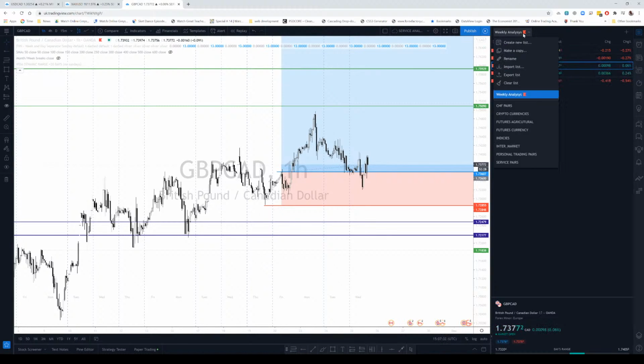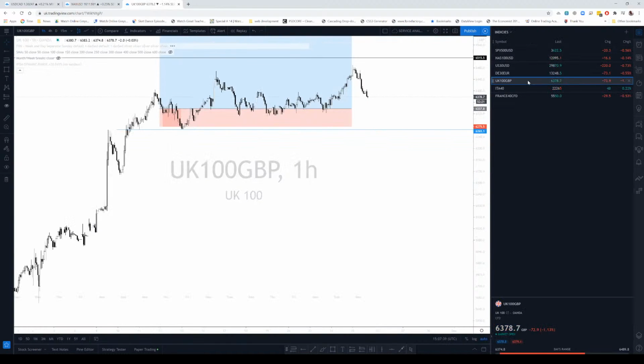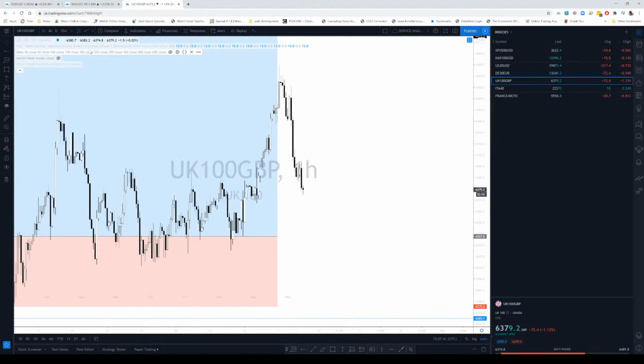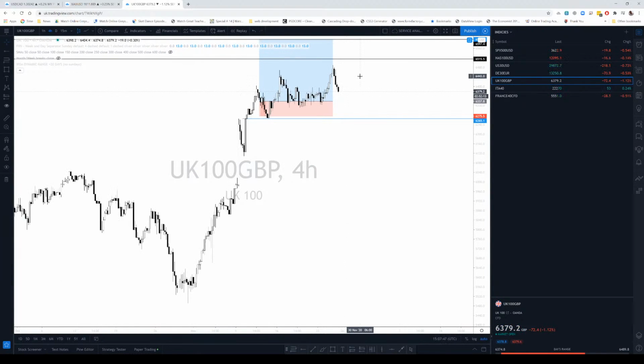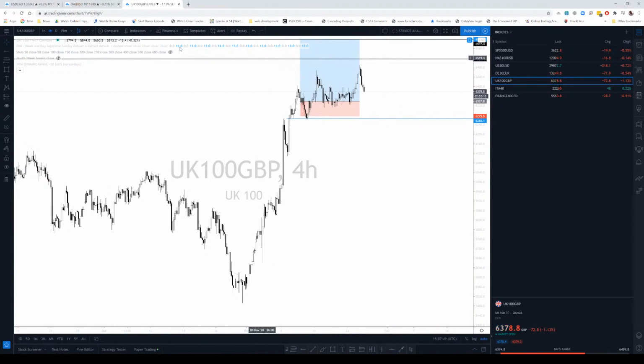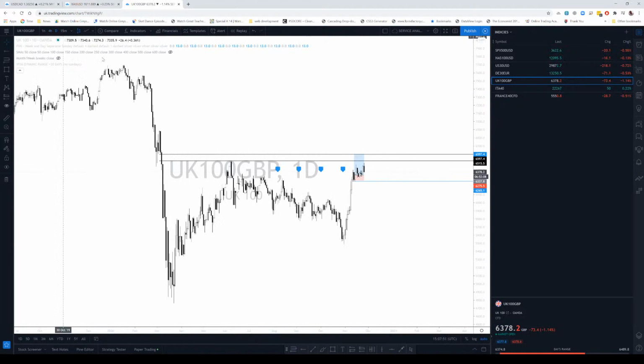Back to the indices. We are retracing. A good idea, but it should continue going higher. It should reach for that level. Let's have a look why it's retracing.